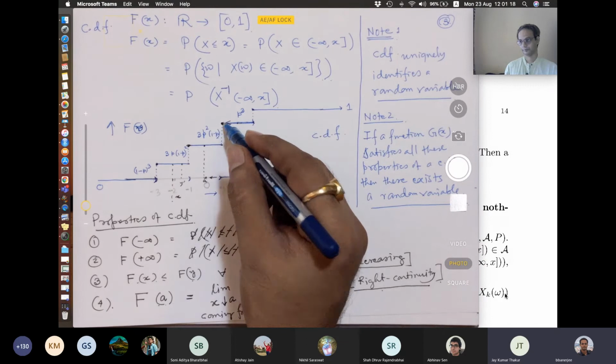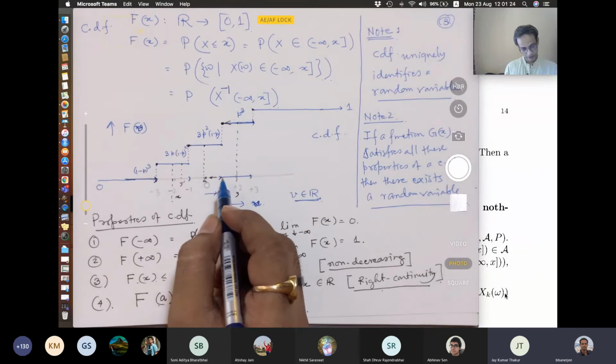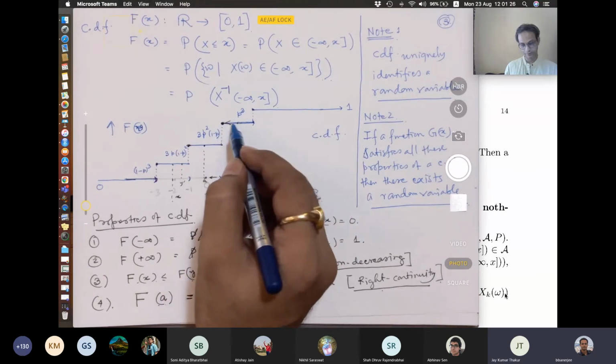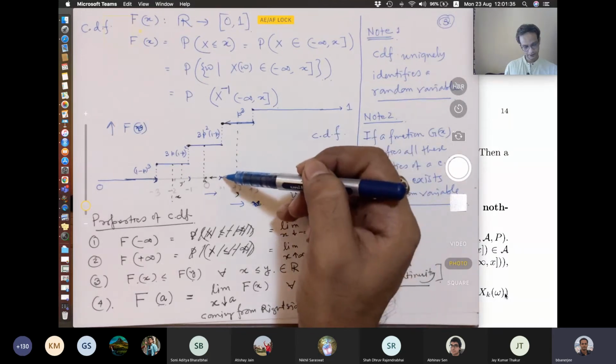Sir, but 0.999 will be on the second step, right? And when we come from right, it will be a discontinuity. When you come from right, it will be 1.0000001, something like that, and it will be here.